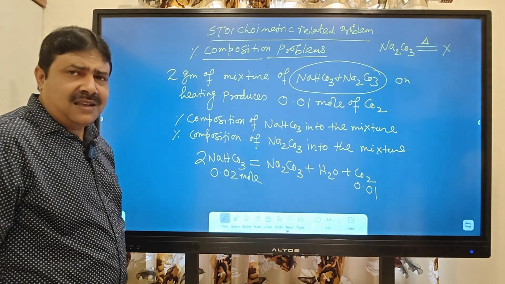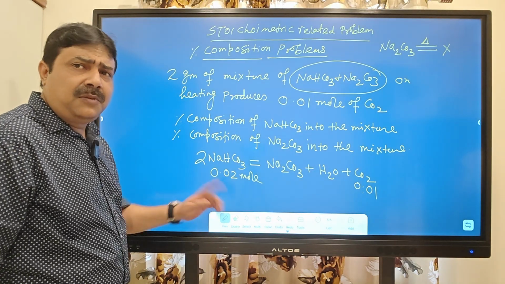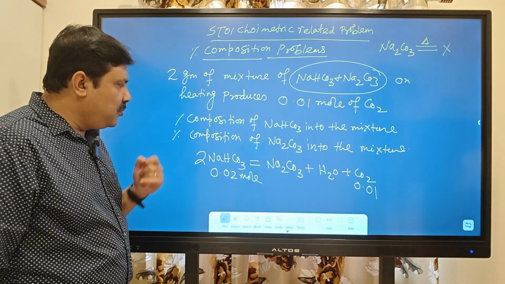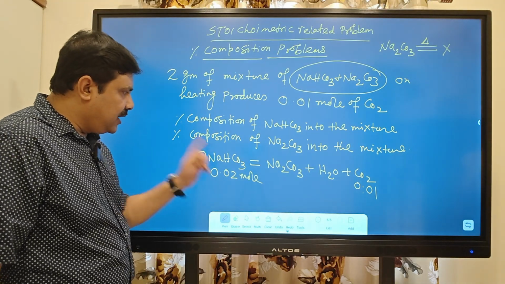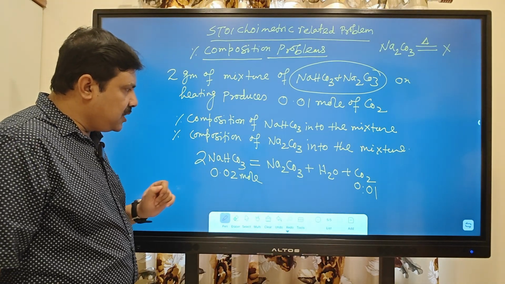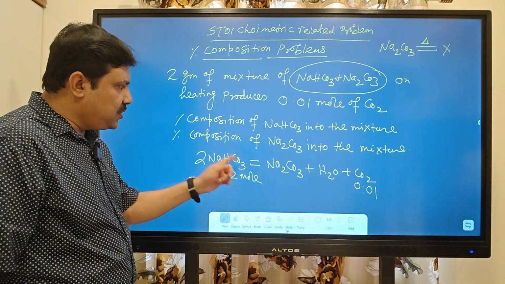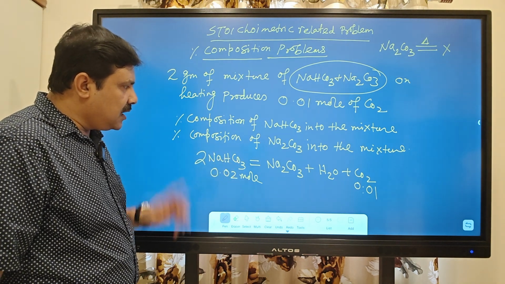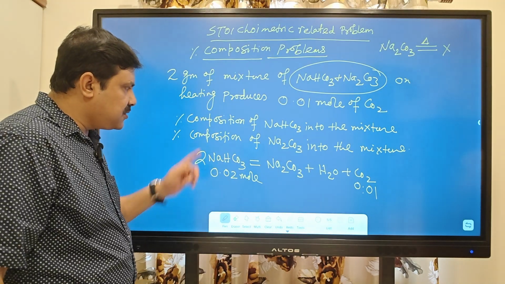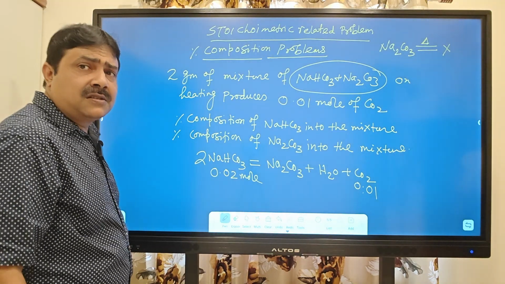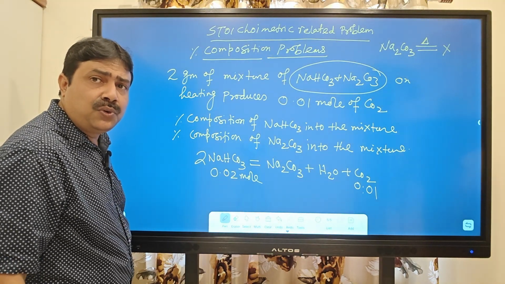Then to convert mole to mass, multiply by molar mass. Sodium bicarbonate molar mass: sodium is 23, hydrogen is 1, 23 plus 1 is 24, and carbonate means 3 oxygen, 3 into 16 is 48, plus carbon 12 is 60, 60 plus 24 is 84. The molar mass of sodium bicarbonate is 84 gram.